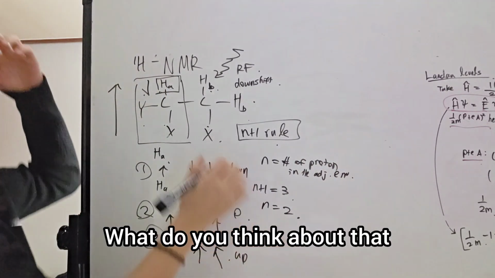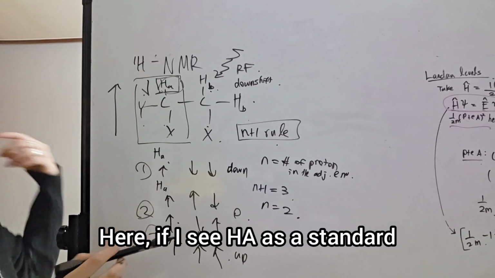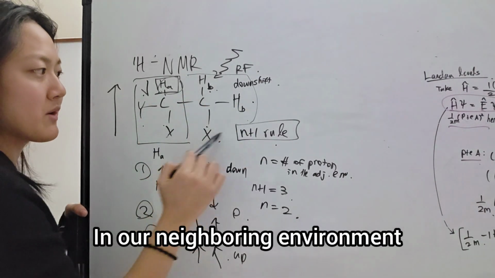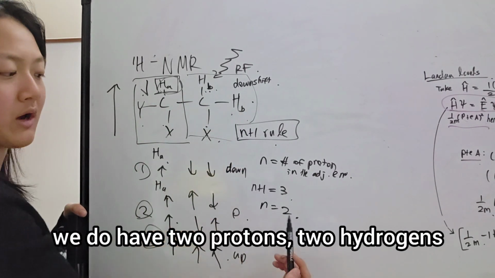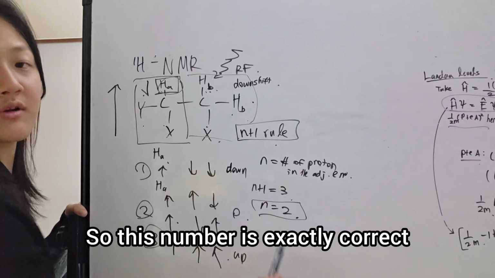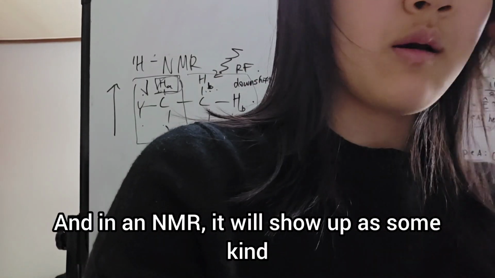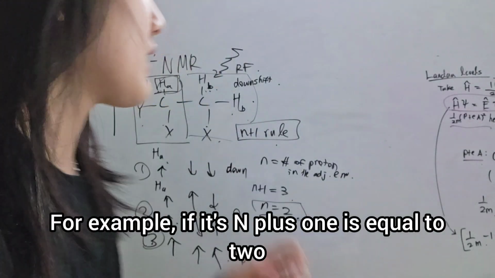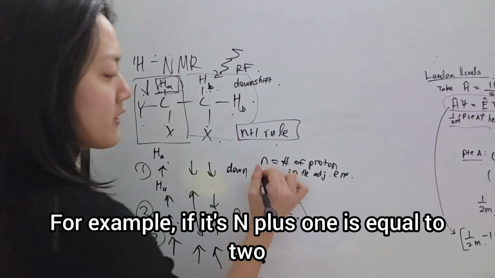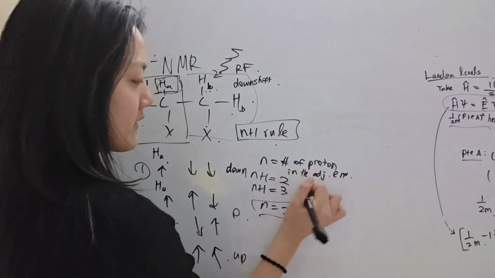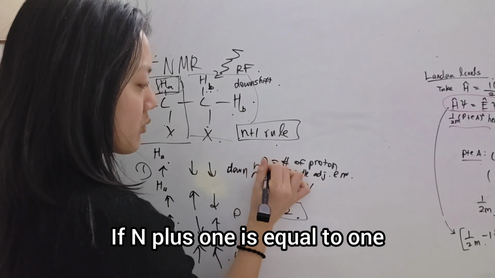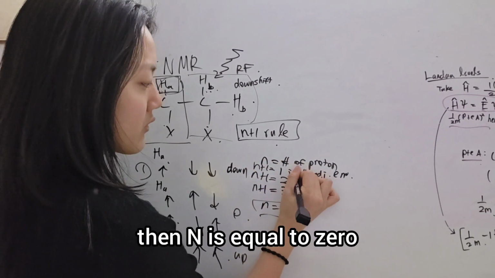Here, if I see HA as a standard, in our neighboring environment, we do have 2 protons, 2 hydrogens. So this number is exactly correct. And in an NMR, it will show up as some kind of triplet or a singlet. For example, if n plus 1 is equal to 2, then n is equal to 1. If n plus 1 is equal to 1, then n is equal to 0.